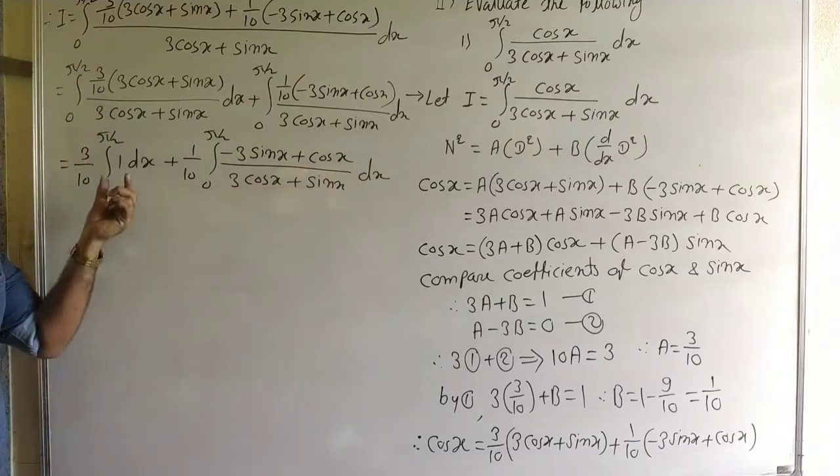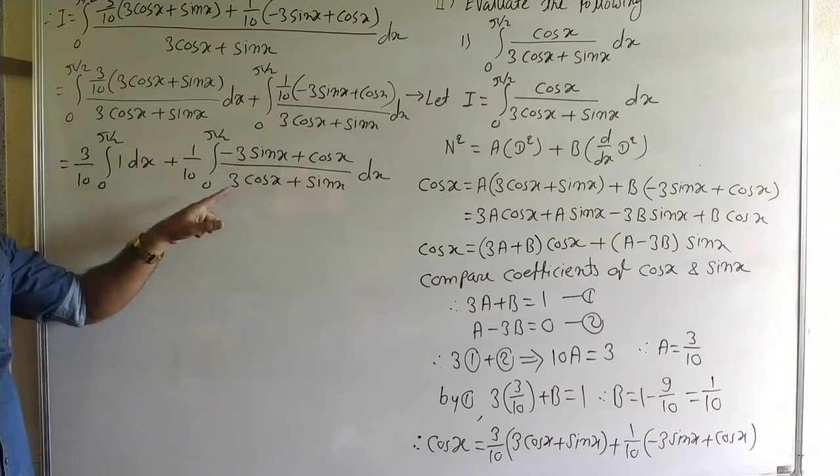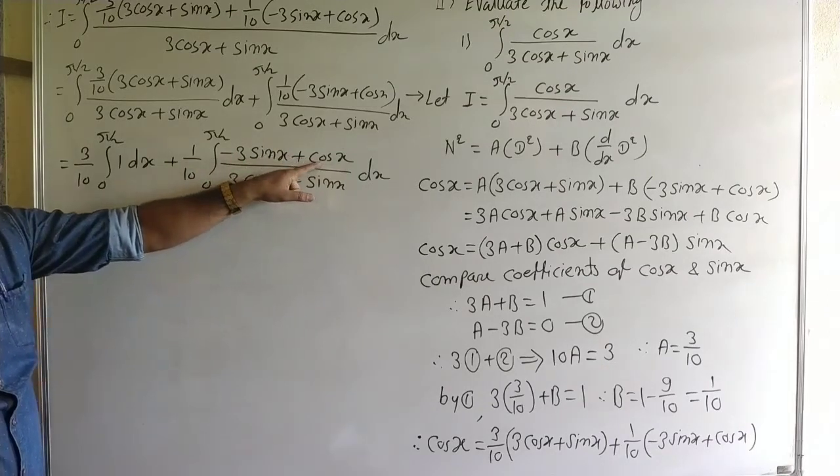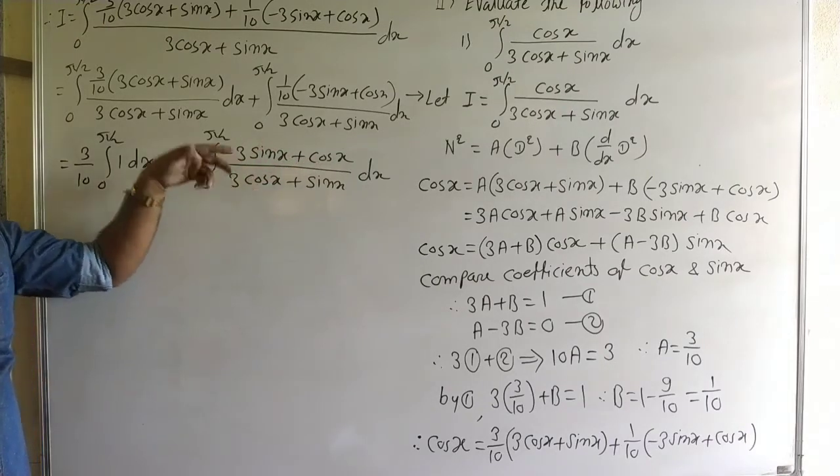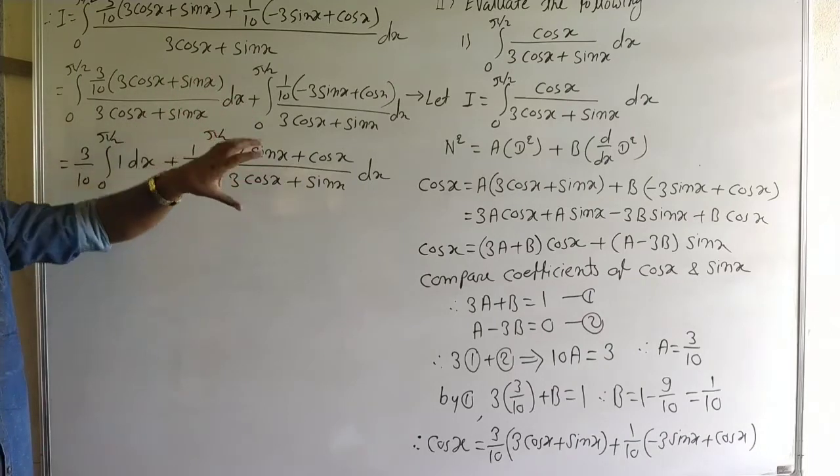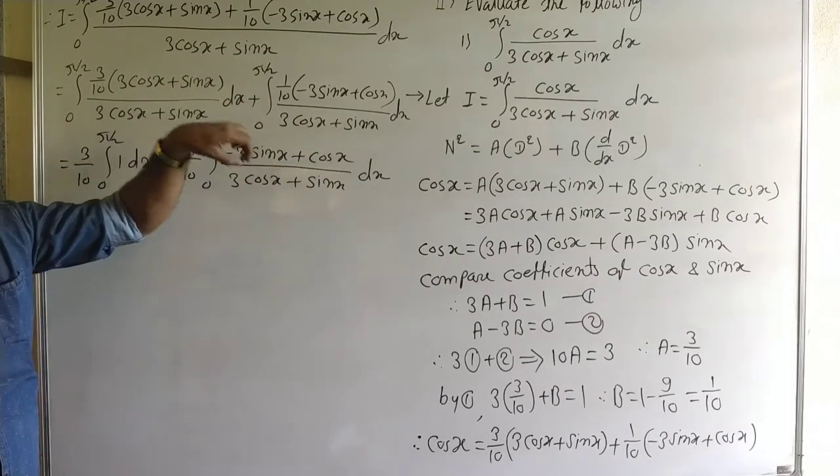And now we evaluate these integrals. Integral of 1 is x, and here minus 3 sin x plus cos x is the derivative of the denominator. That means it is f dash of x upon f of x, so this integral we can directly write as log of f of x.